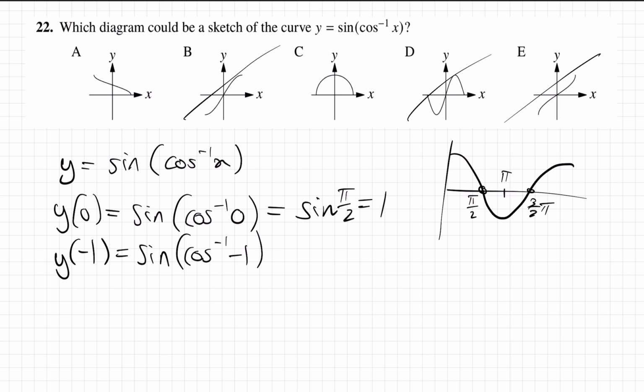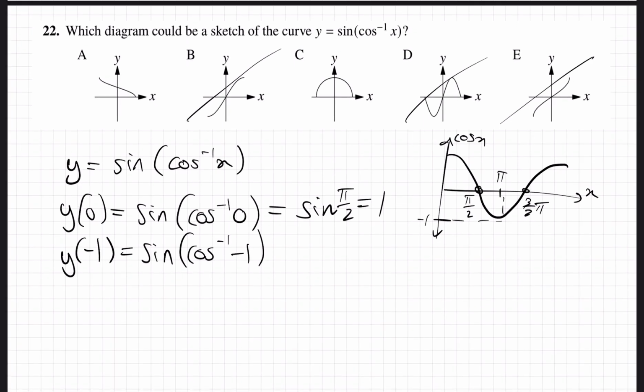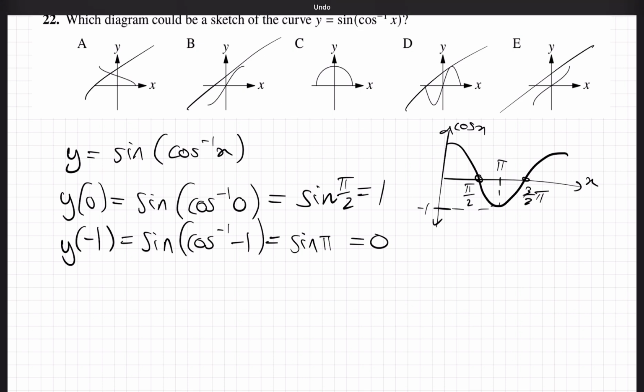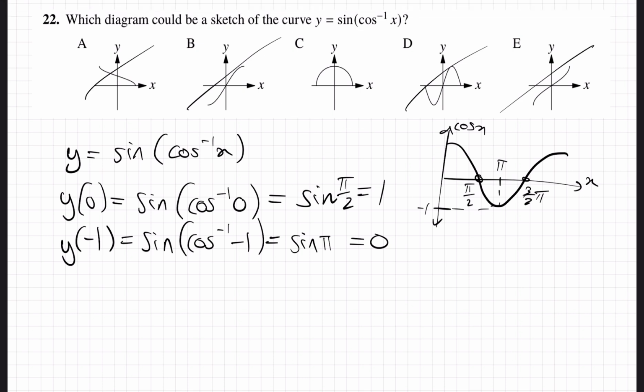Let me just label these points. That's x, and this is cos of x. So if we're at minus 1 here, then we're going to be at pi over there. So that gives us sine of pi, which is equal to 0. And now from here we can eliminate a, so we get c. So that's our answer.